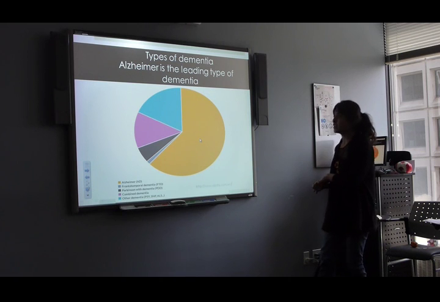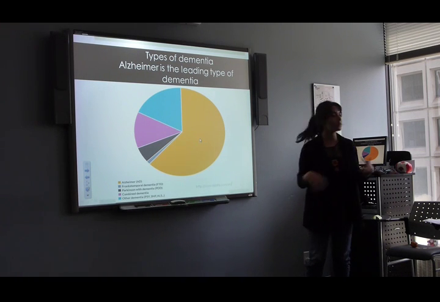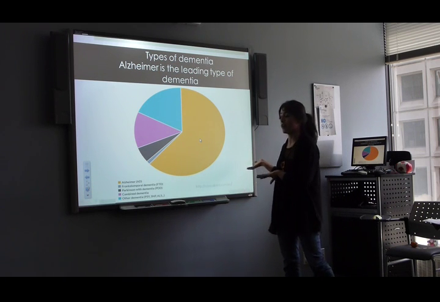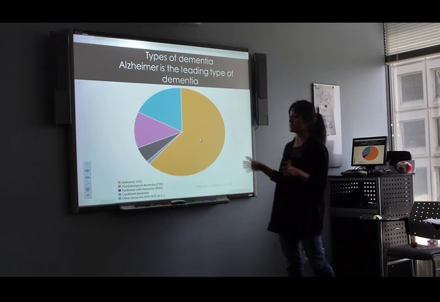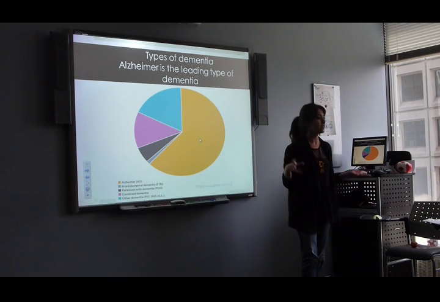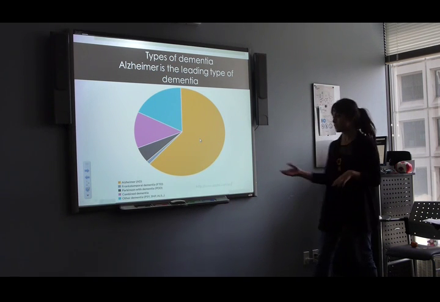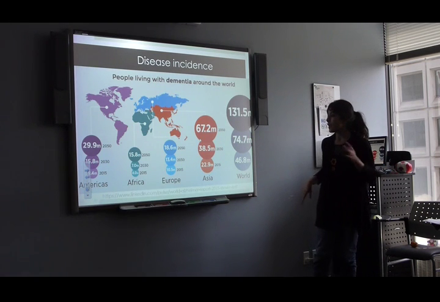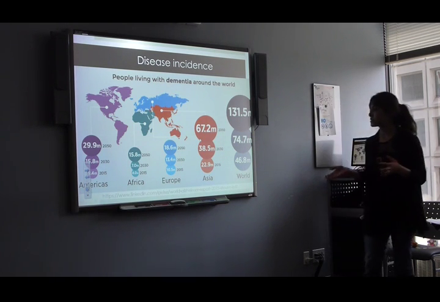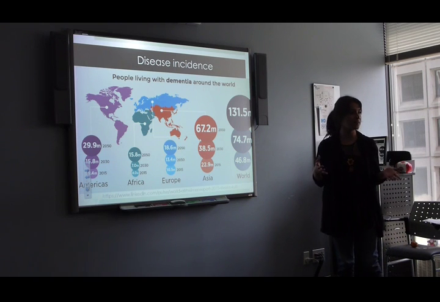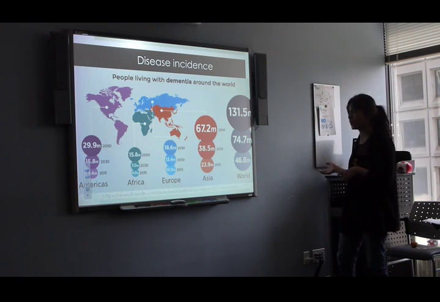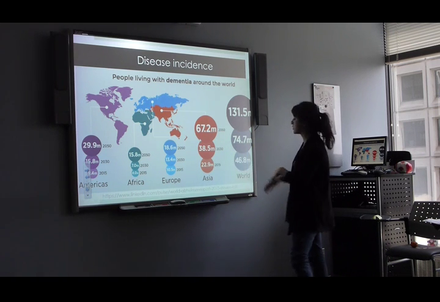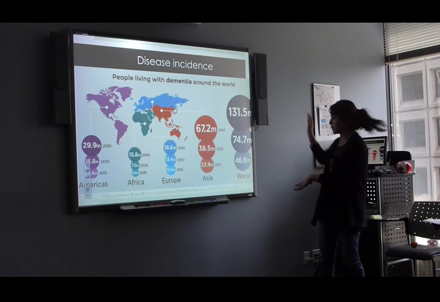As we can see here, there are a lot of types of dementia, but in the pie graph, we can see that Alzheimer is the most common case of dementia. So this is why it's important for us to notice. This shows the incidence of cases that appear per year in all of the continents: America, Africa, Europe, Asia, and this is a mean of the whole world.